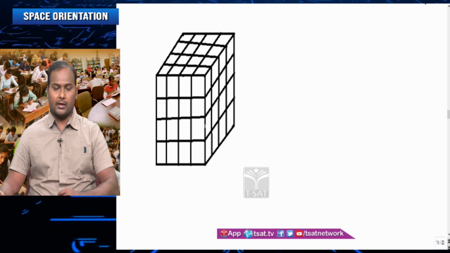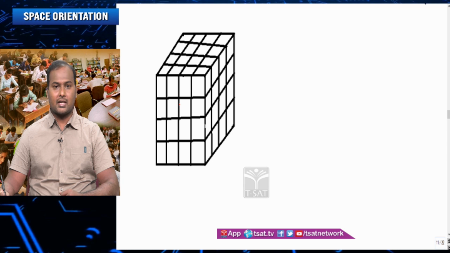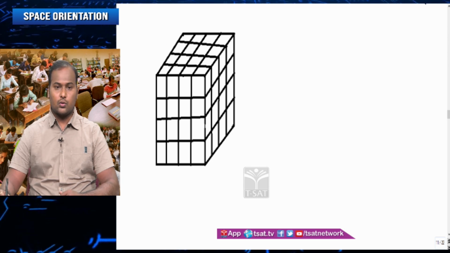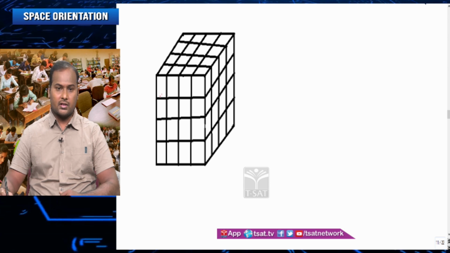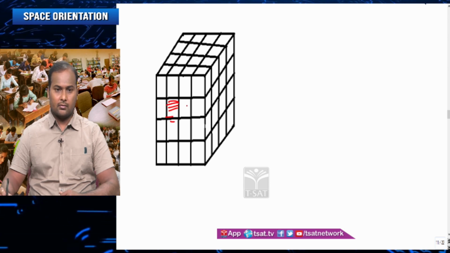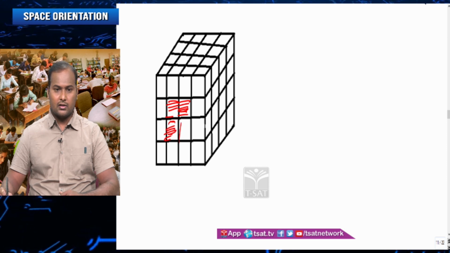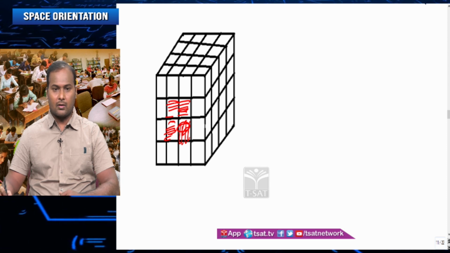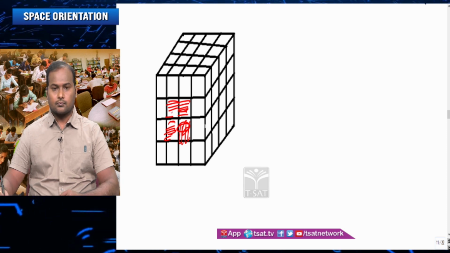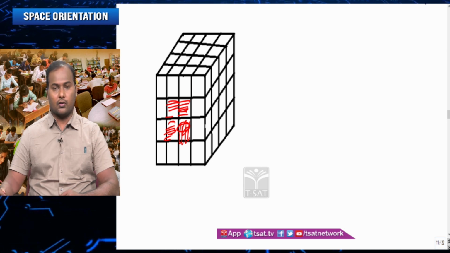The first question, how many small cubes with only one side paint? I already said that one side paint is possible only in the center. See here, this is one side paint, this cube is also one side paint, and this cube is also one side paint. So all these four are present in the center. Per face, how many are there? 4 are there.